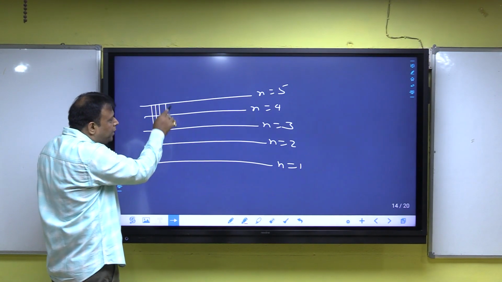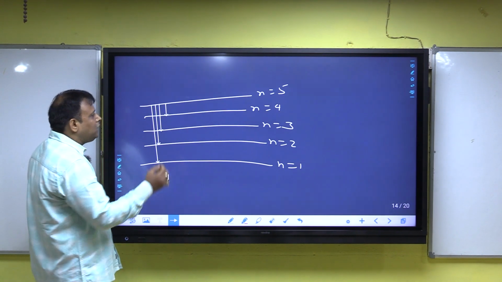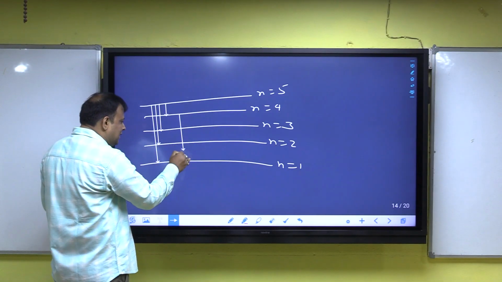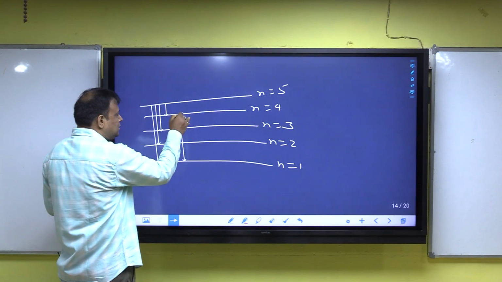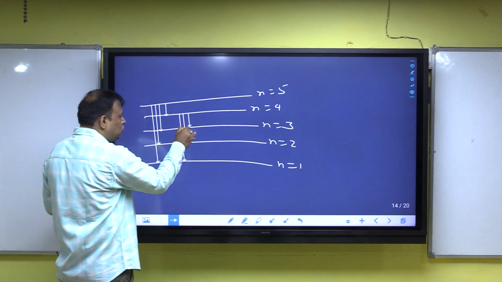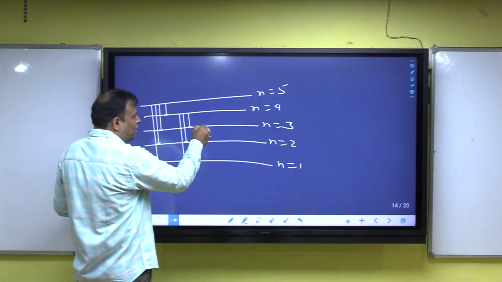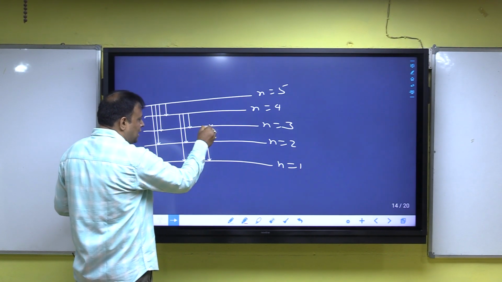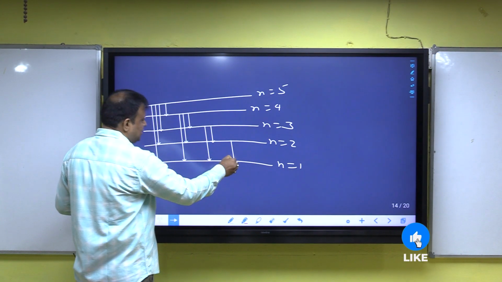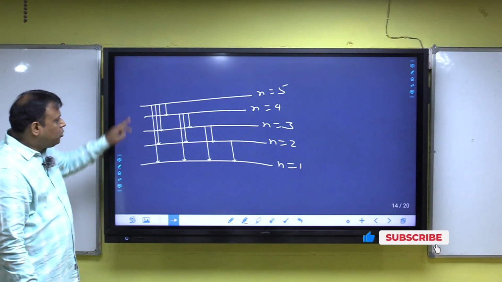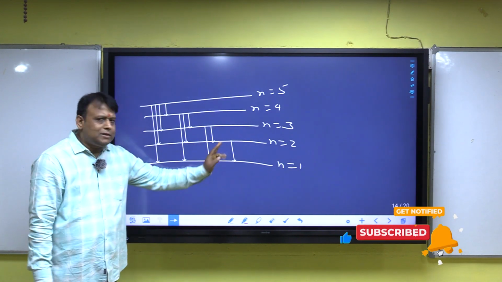When the electron goes from 5th to 4th, it is also called an excited electron, and hence this electron also falls from 4th to 1st, 4th to 2nd, and 4th to 3rd. And when the electron is in the third orbit, it falls third to first, third to second, and the second orbit electron also falls to first. Now look at the board: 4 plus 3, 7, plus 2, 9, plus 1, 10.